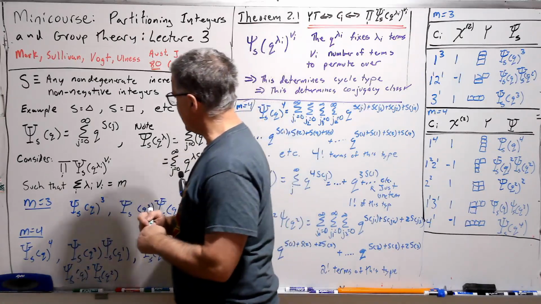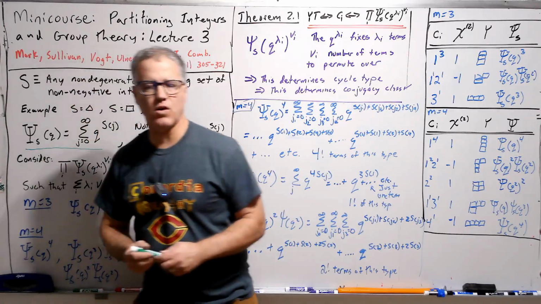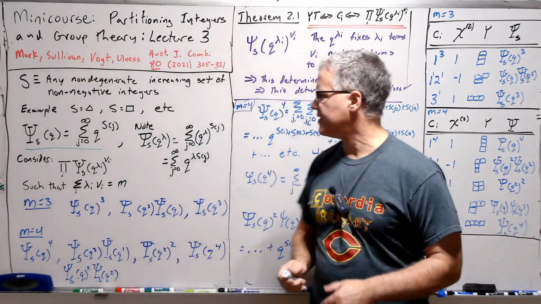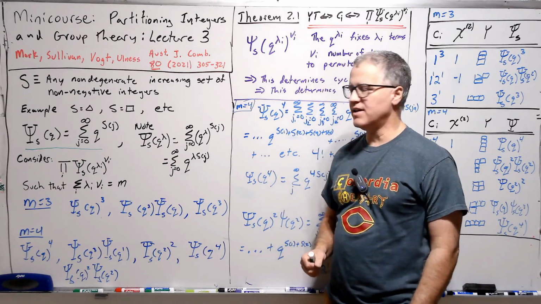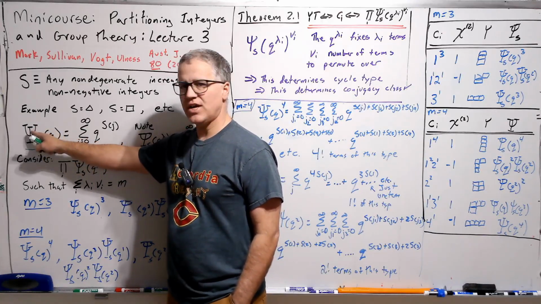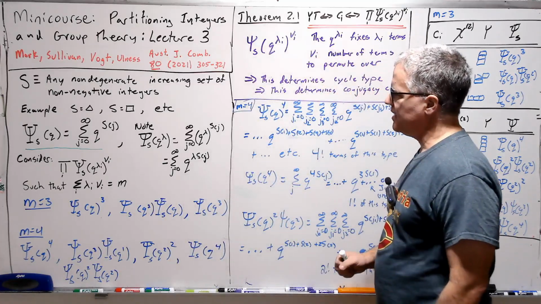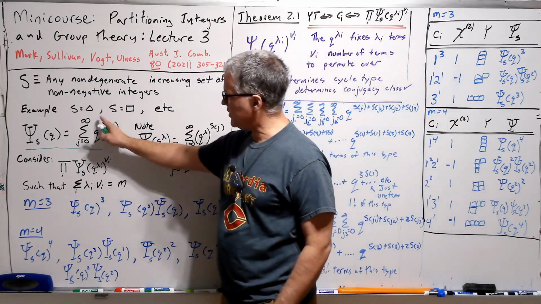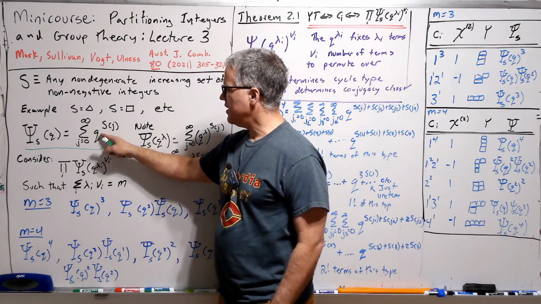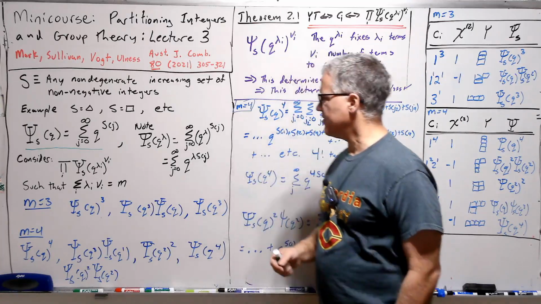Well, let's recover now this idea that we talked about before in lecture 1, and that is that of a generating function. So this capital Psi sub S will be the generating function for this set, and we're simply going to represent it as a power series with Q raised to the sequential elements of that set.